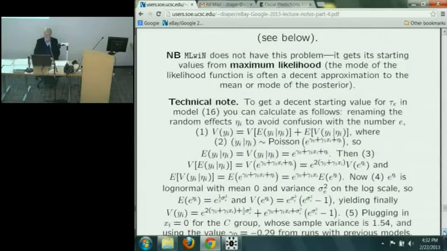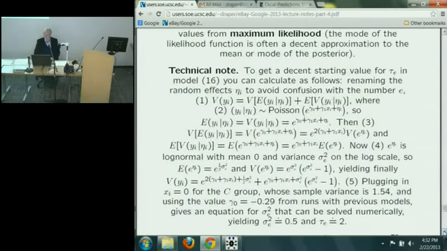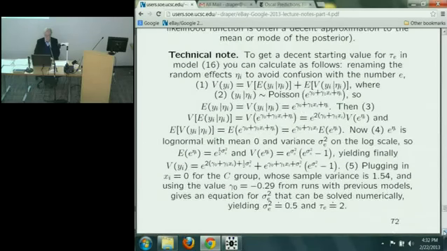So it's good guidance to make some calculations to see what the ballpark values for these parameters should be. I have a little double expectation calculation that shows that sigma squared E should be around 1/2, making tau sub B around 2.